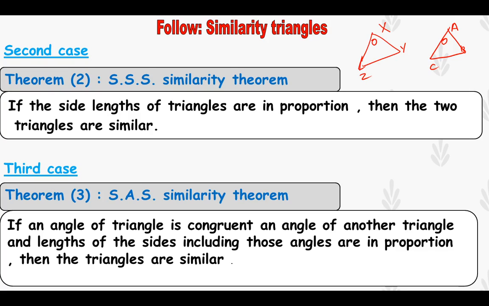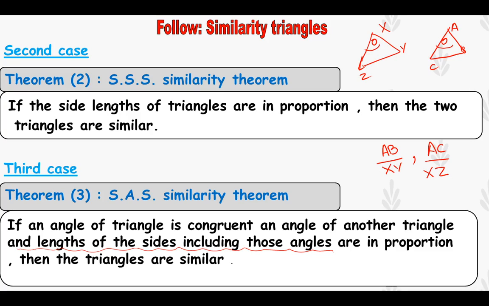And the lengths of the sides including those angles, here you have to notice, are proportional, then the triangles are similar. So here you are going to compare AB over XY and AC over XZ, the two sides including angle A and angle X.